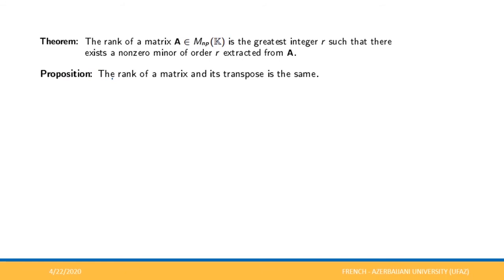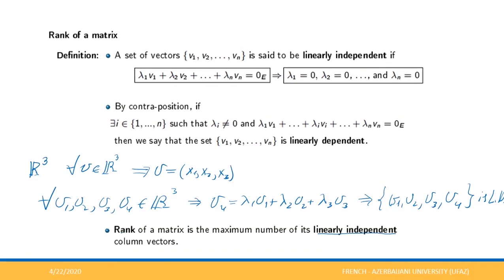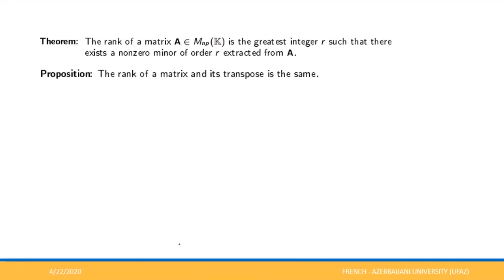Then using this proposition, instead of this definition, we can say that the rank of a matrix is the maximum number of its linearly independent row vectors. Instead of column vectors, you can take row vectors. That's it.